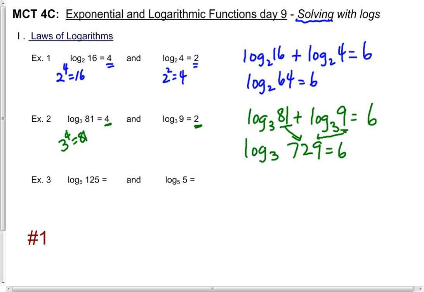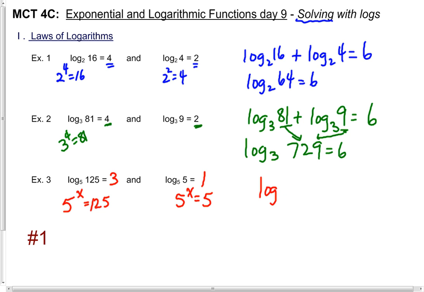One last one. Log base 5 of 125 is, okay, 5 to the what is 125? Well, 5 squared is 25. 5 cubed is, what do you know, 125. Log base 5 of 5, 5 to the what is 5? Oh, it's 1. Okay, so 3 plus 1 is 4.